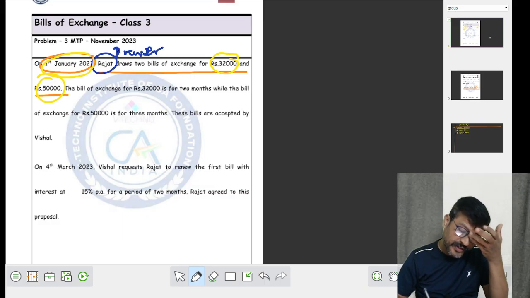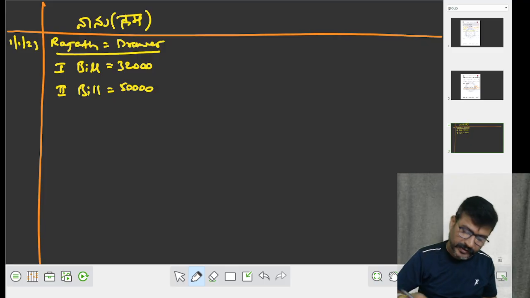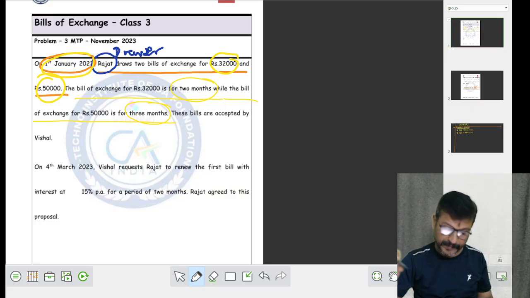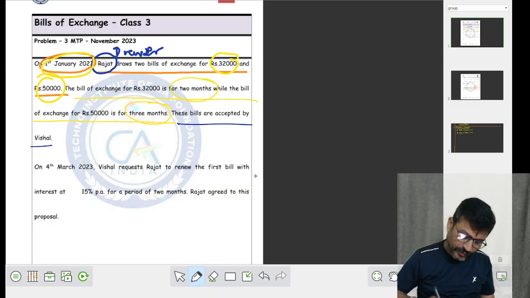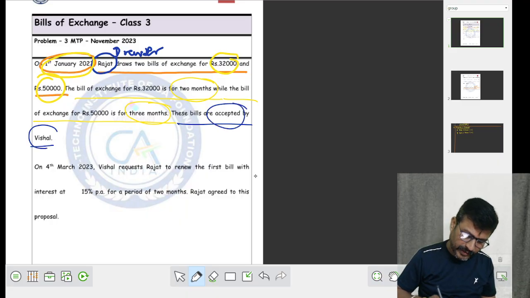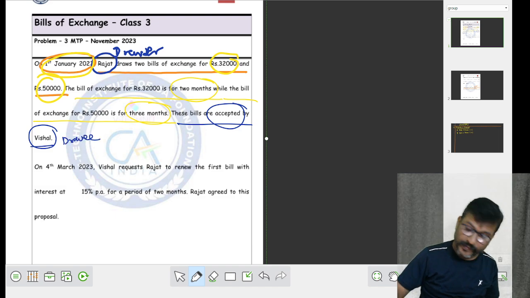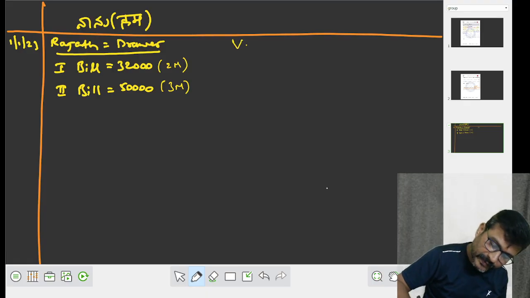Now, the bill of exchange of 32,000 is for how many months? 2 months. And the bill of exchange of 50,000 is for 3 months. These bills are accepted by Vishal. Who accepted? Vishal. Who is Vishal? Vishal is the drawee.